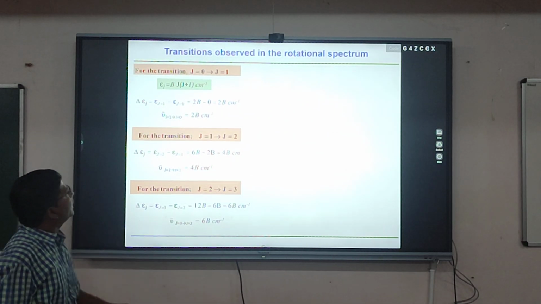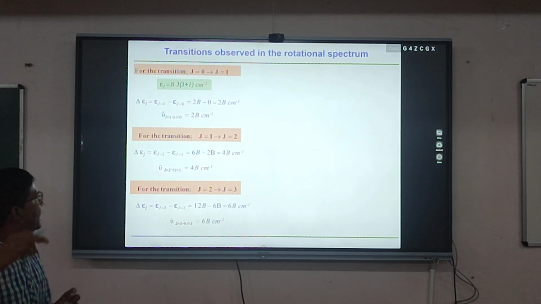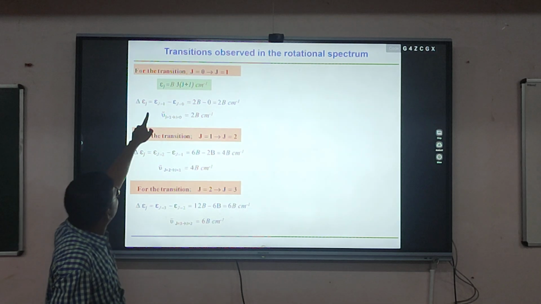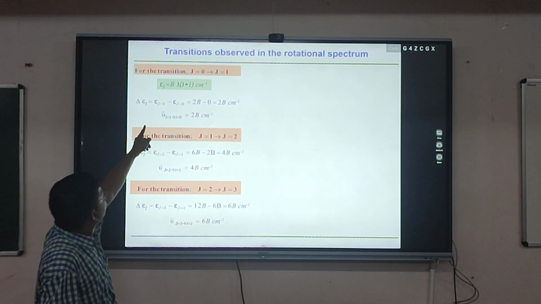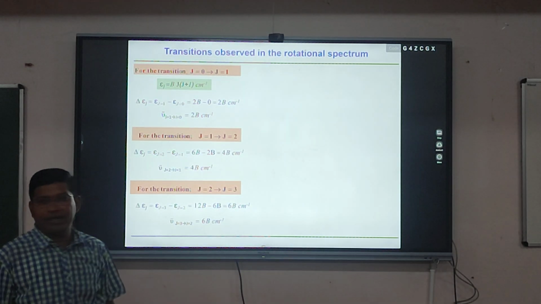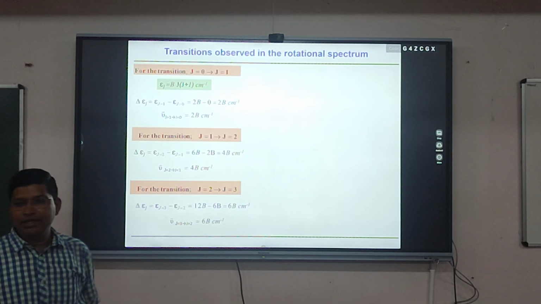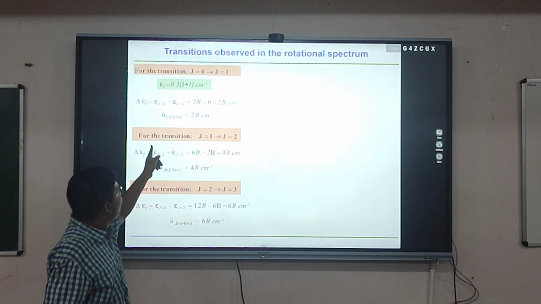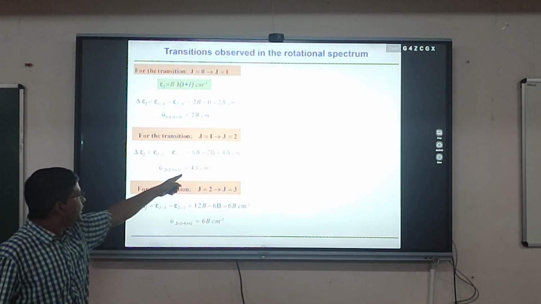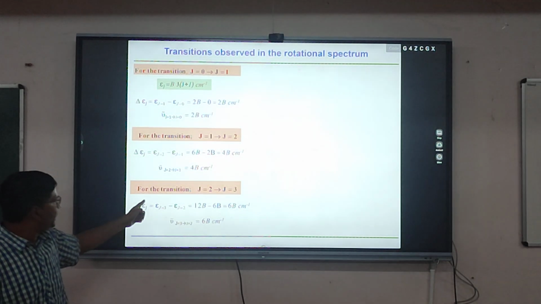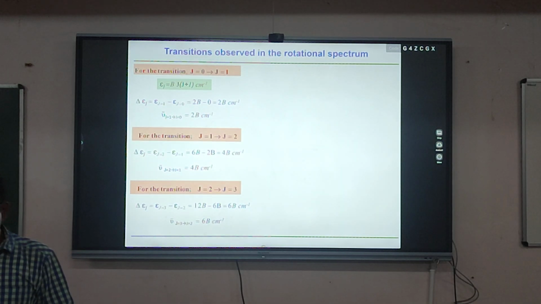Then if you calculate the difference in the energy between different J states, suppose the transition is from J0 to J1, then the difference will be 2B minus 0, so it is 2B. When there is a transition of J1 to J2, it comes to 4B. And when there is a transition from J2 to J3, it is 6B.